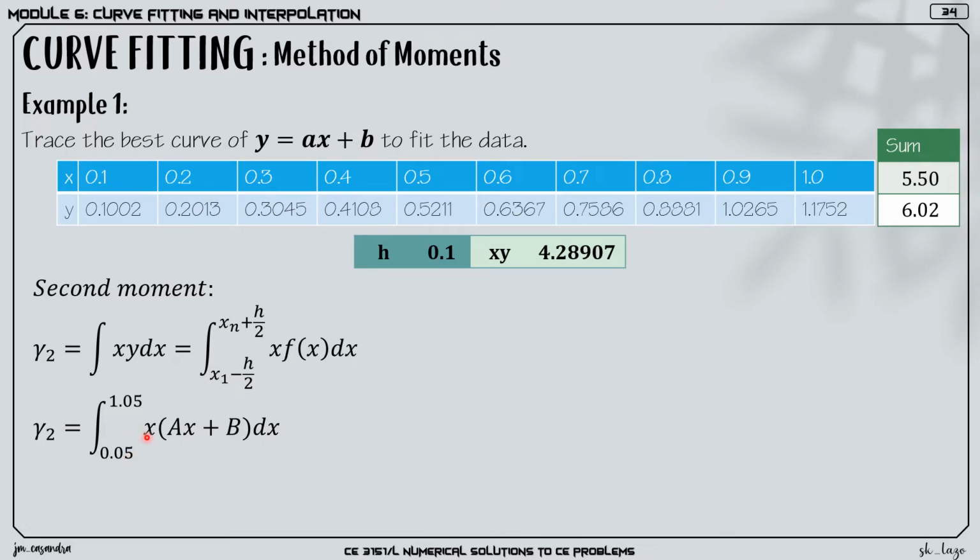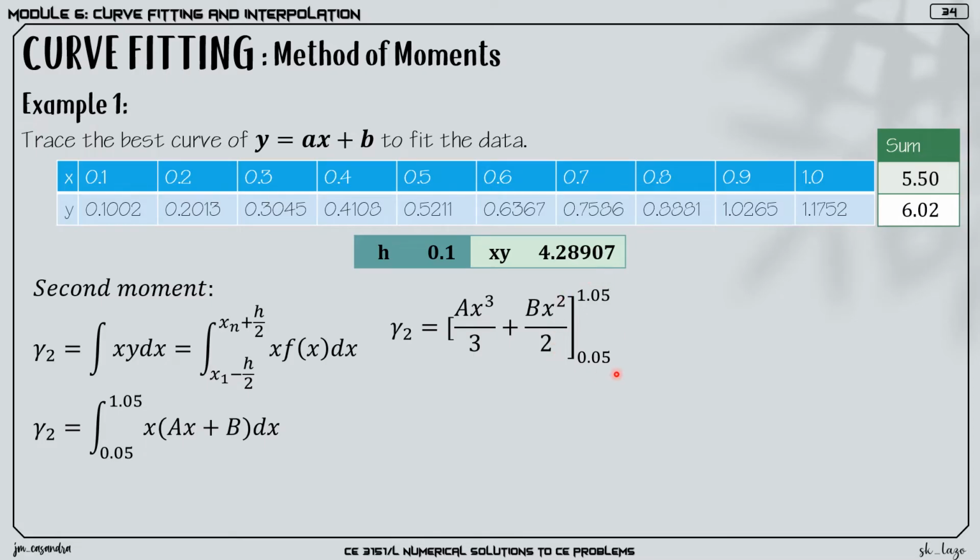So distributing x in our equation, we now have ax cubed over 3 plus bx squared over 2 from 0.05 to 1.05.